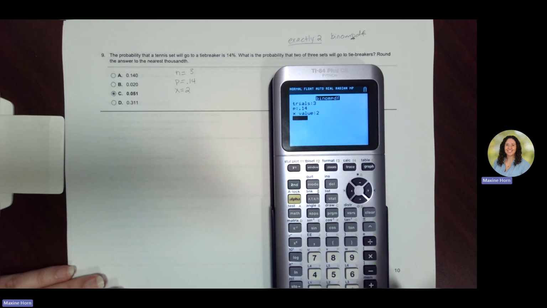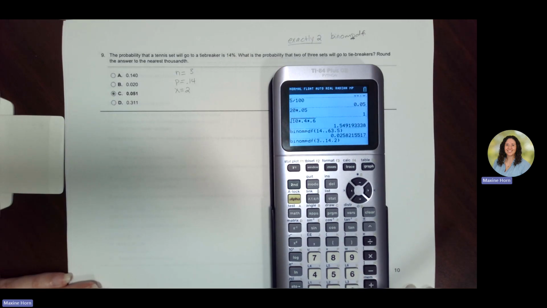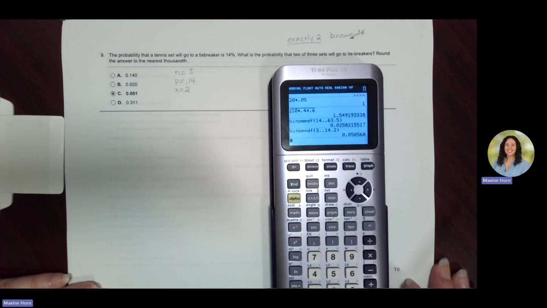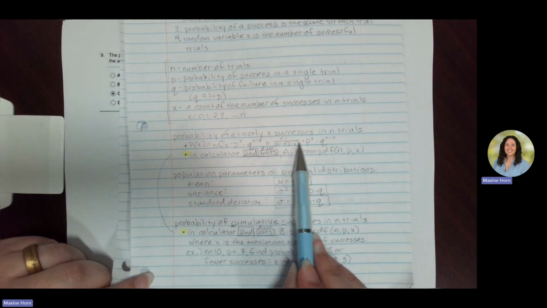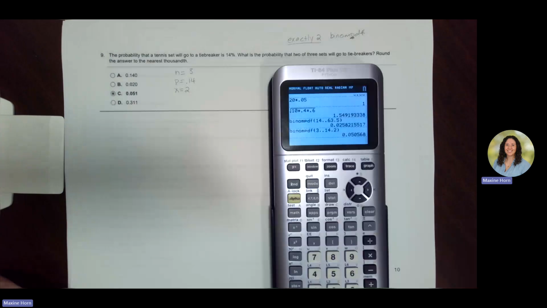And the exact number of successes I want is my X value, and that's 2. I hit enter, it says I've set everything up, and we hit enter again, and it does the calculation for us. If we wanted to do this by hand, we could by using the whole formula, or we could just do that. So let's just do that.